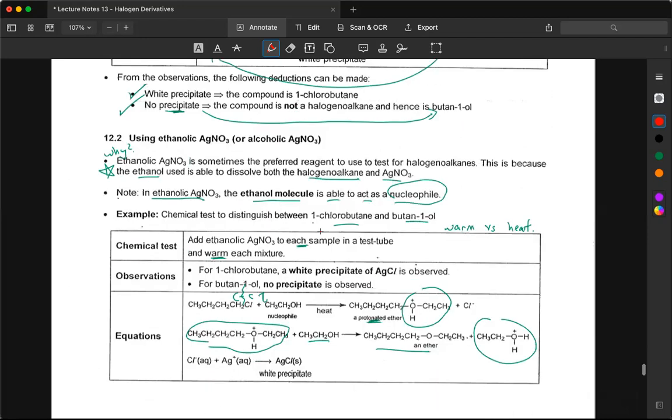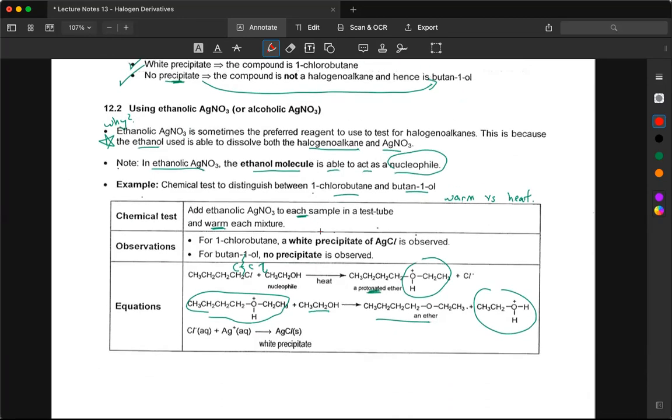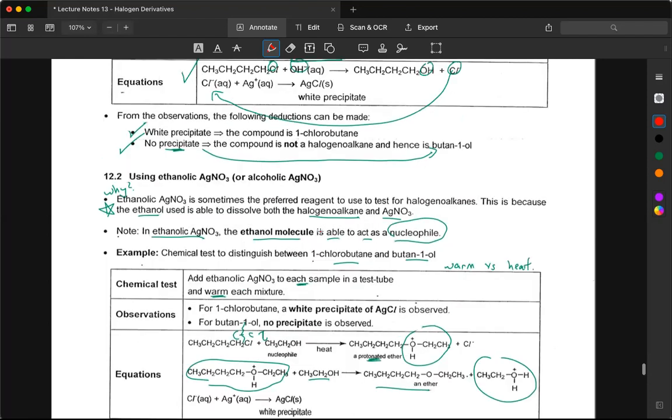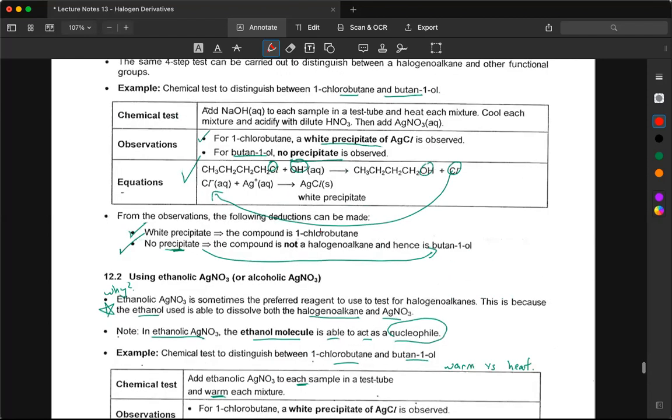Another way is to use ethanolic silver nitrate and warm each mixture. In this case, for the chlorobutane, we will observe a white precipitate.